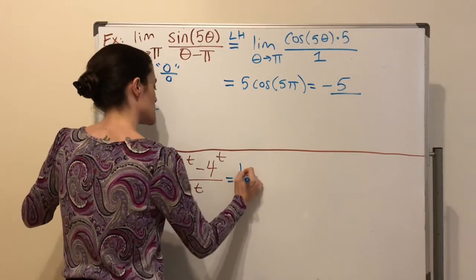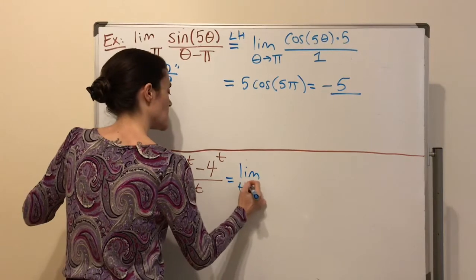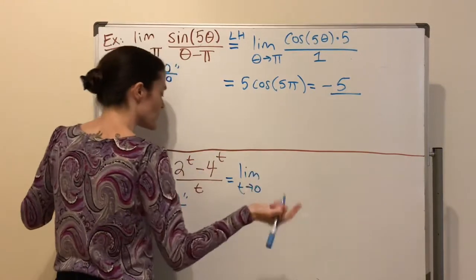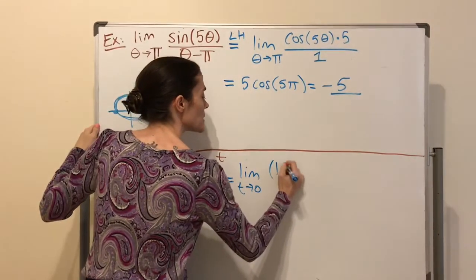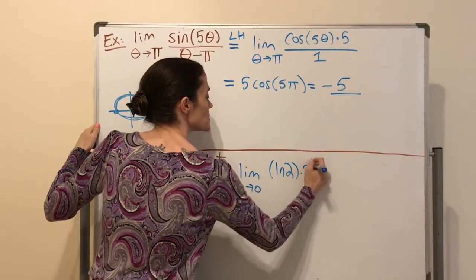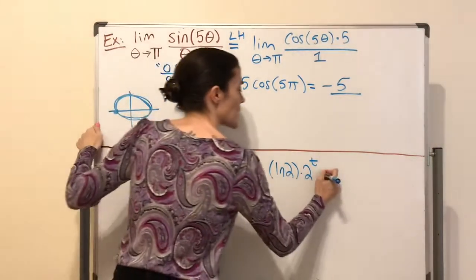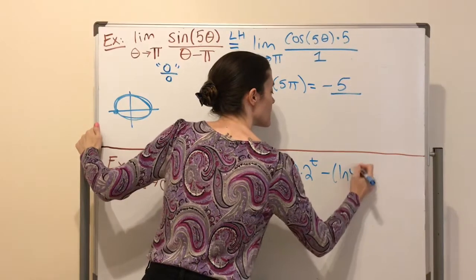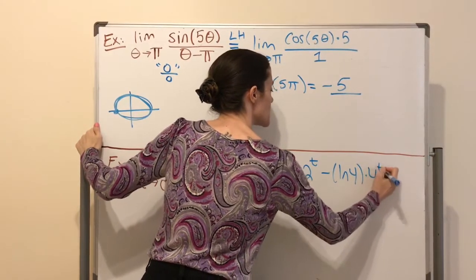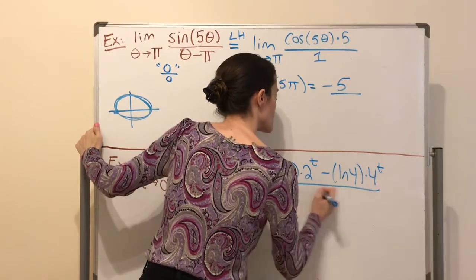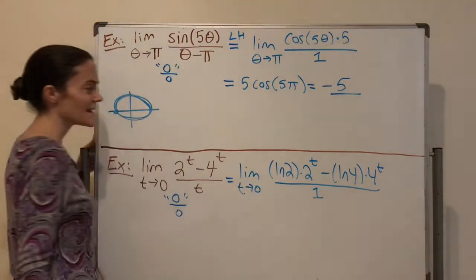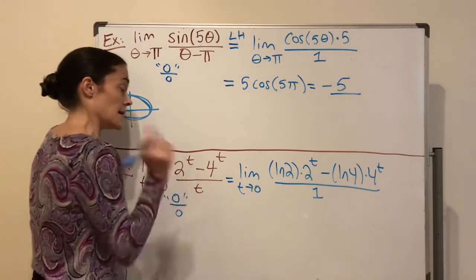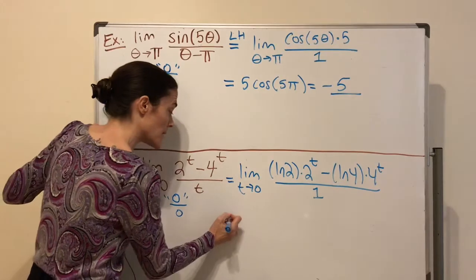Okay, so this is a limit as t approaches 0. The derivative on the top would be ln 2 times 2 to the t minus ln 4 times 4 to the t, and then the derivative on the bottom is just 1. Now we can evaluate.